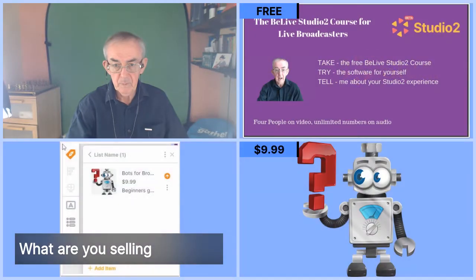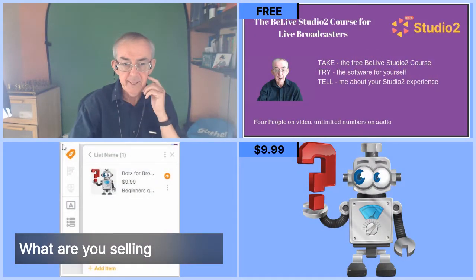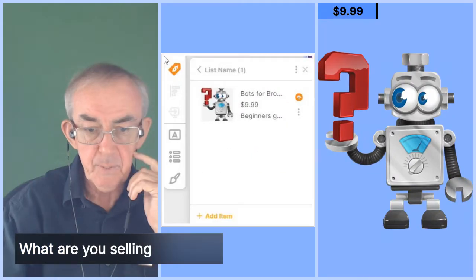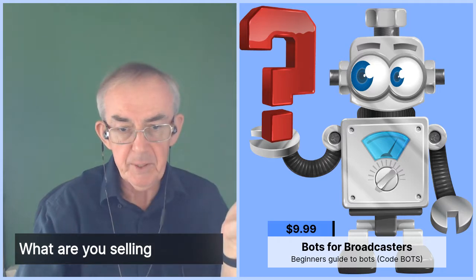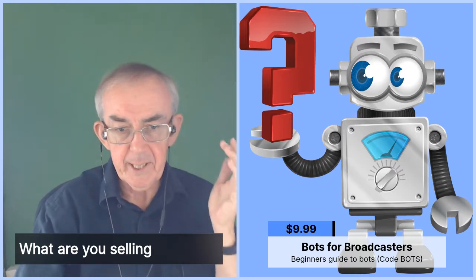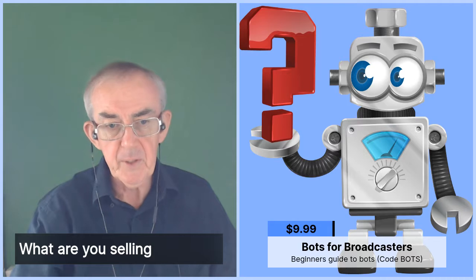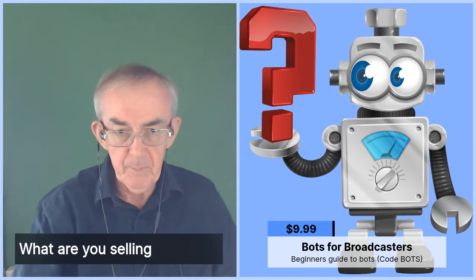It's pointless my putting that card up there, bottom right, if I don't know anything about messenger bots. It's just pointless. If I can't talk about messenger bots, then I'm making it difficult for myself. So you've got to decide what you're selling.